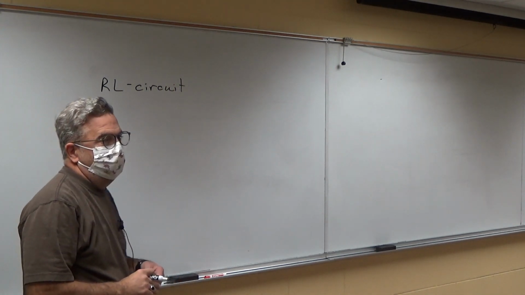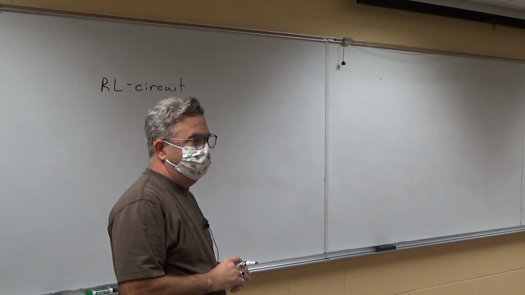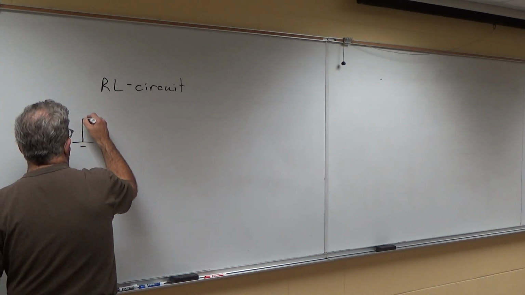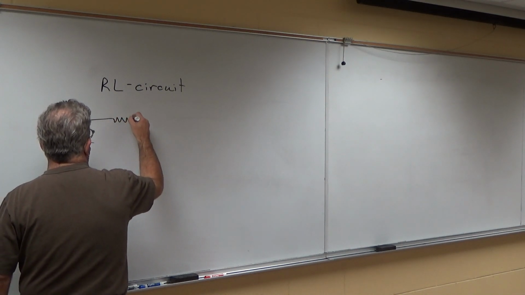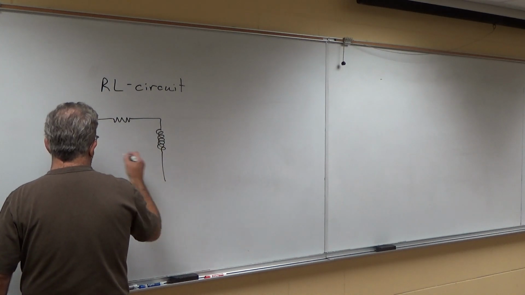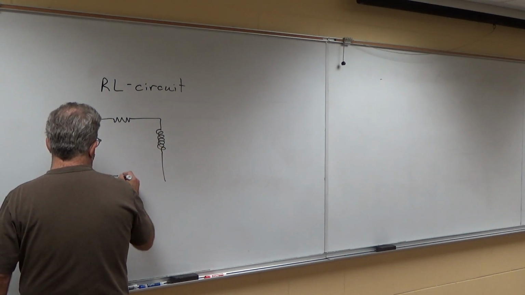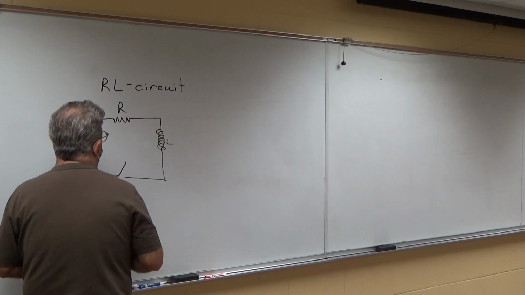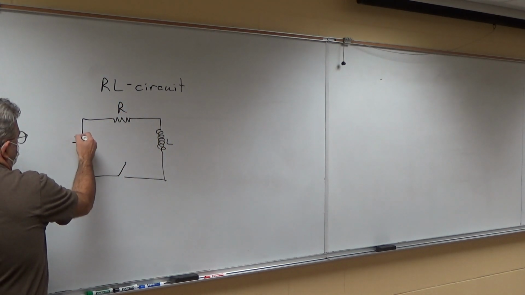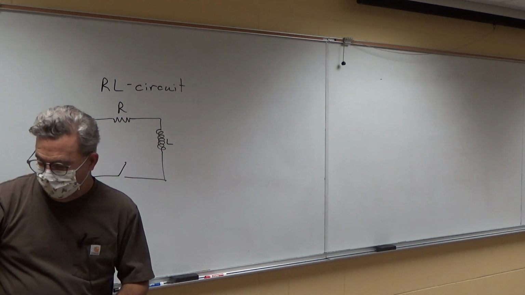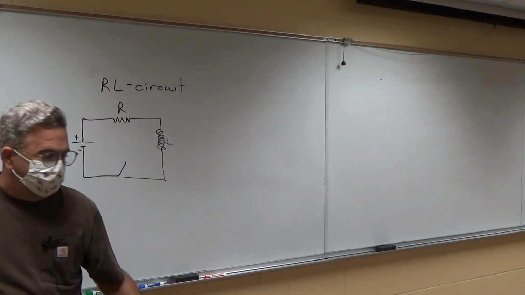This is the RL circuit, meaning it's an inductor and a resistor. Here's the power supply. Here's a resistor. Inductors are usually drawn as little coils like that. And down here is a switch. So here's L and R, plus minus, that's an EMF, the power supply.